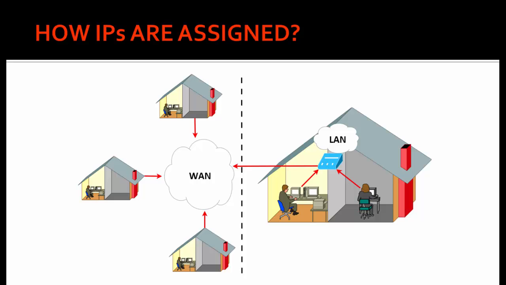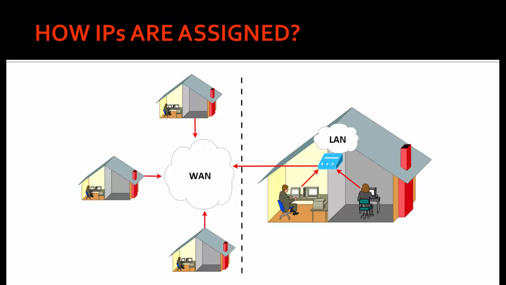Now, inside the house, you have the LAN. So LAN will have a target IP because LAN becomes the target to your ISP. But inside the home, your LAN is the source of internet because all the local systems inside the home talk to the internet service provider via LAN.